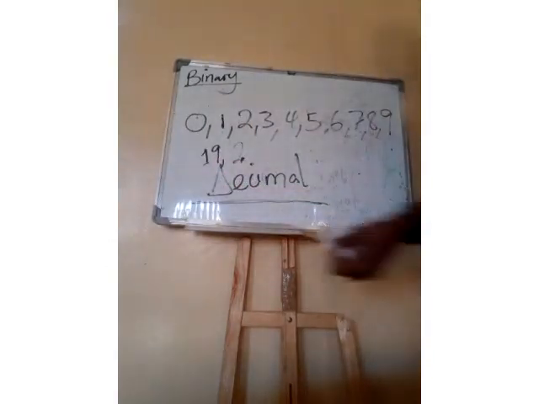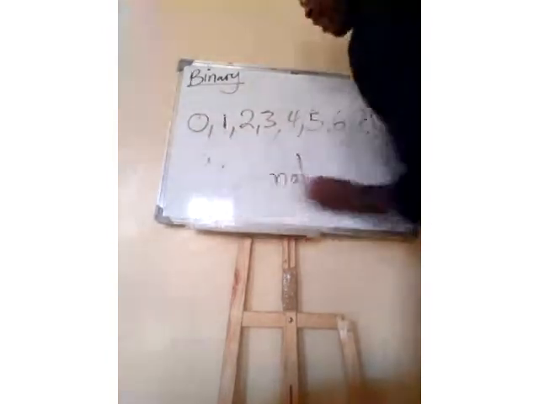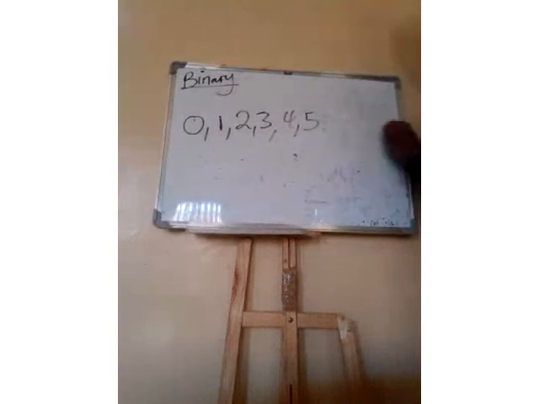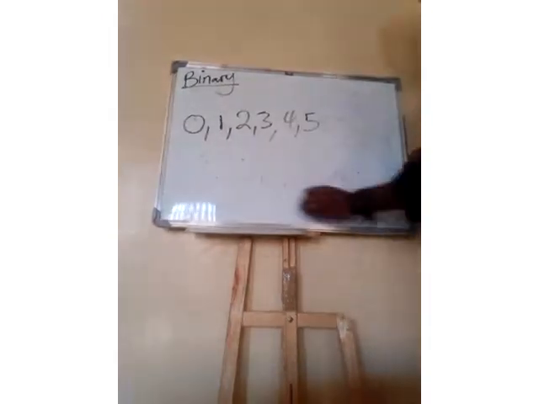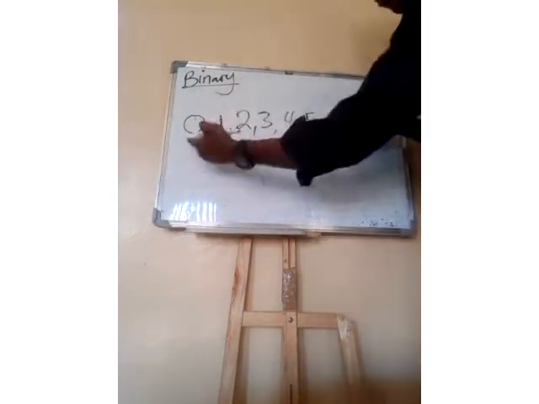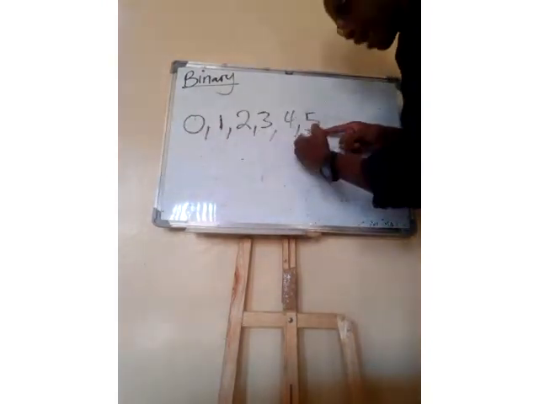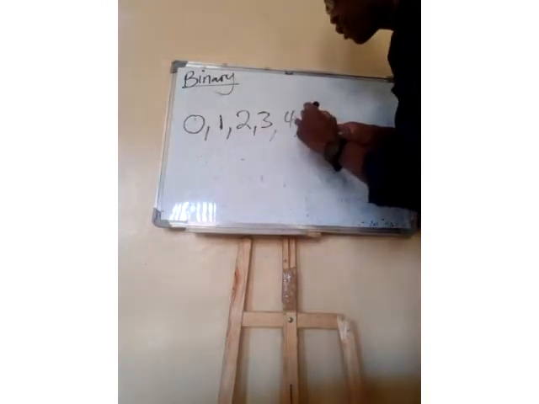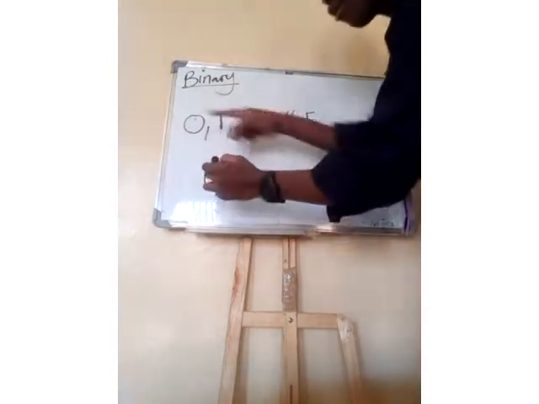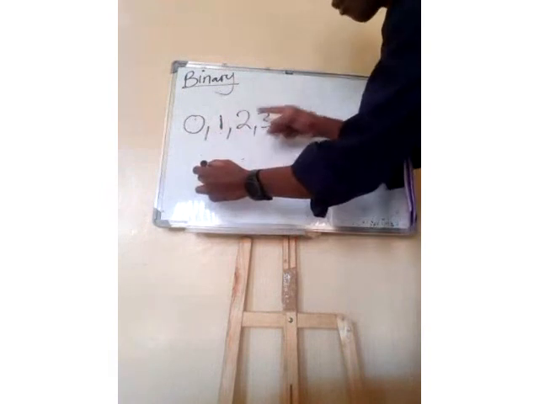So, for instance, if we were to cut this into half, like that, and we said we use the same format, 0, 1, 2, 3, 4, 5. When you reach 5, what do you do? We go back this side and get the 1. So we say 1, 1 and 0, 1 and 2, 1 and 3.